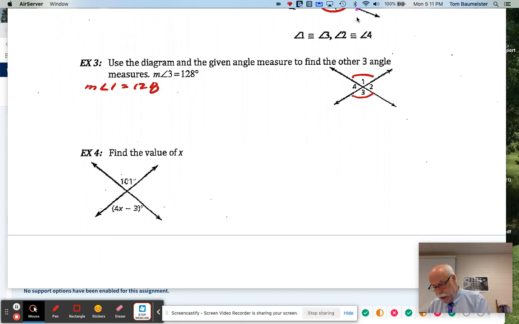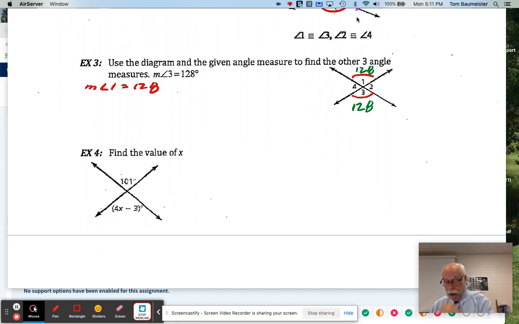Okay. Now our next one would be, let's see. Well, this one here is 128 degrees. Now remember, they're going to form a linear pair. So these two right here form a linear pair, which makes them supplementary.